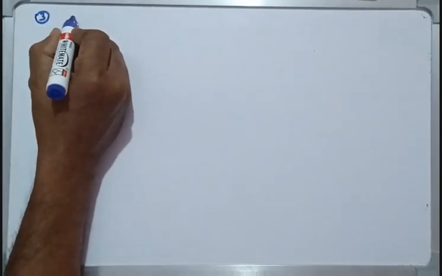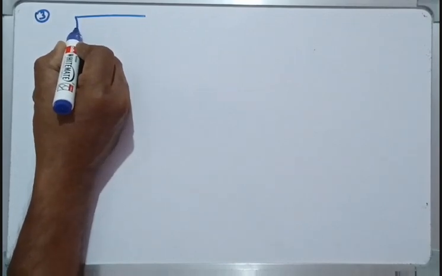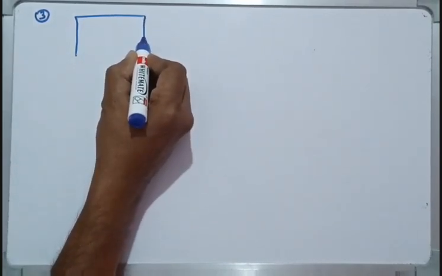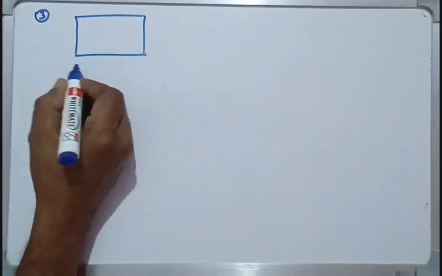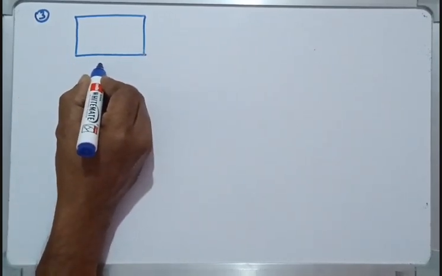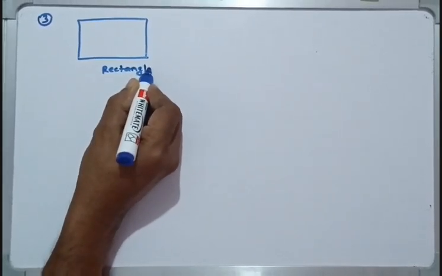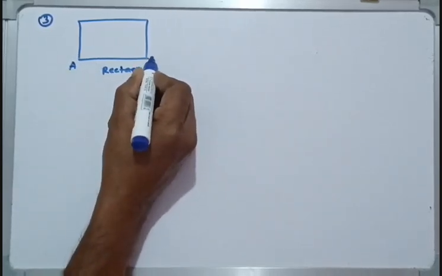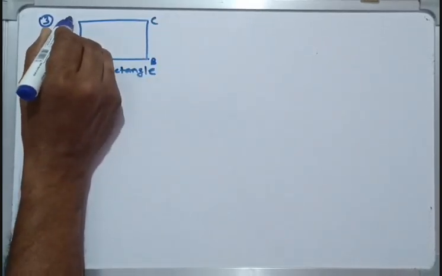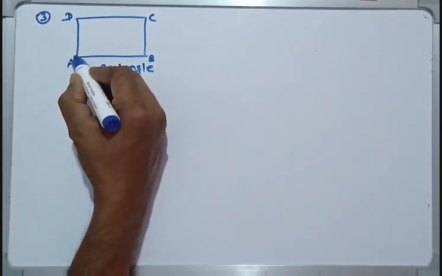Question number 3, we see here line of symmetry in a rectangle. Okay guys, see this one is a rectangle. Okay, now A, B, C and D are vertices of this rectangle.